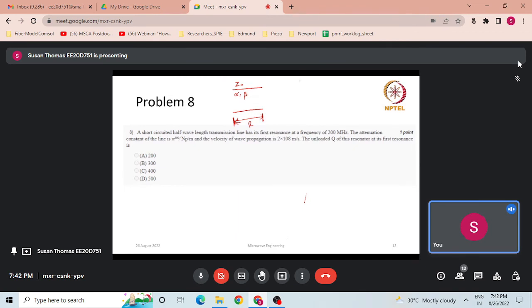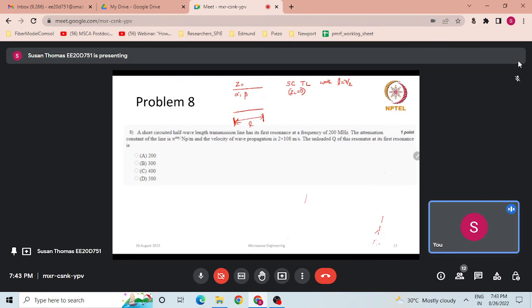Say you have a short circuited transmission line. Whenever I say short circuited transmission line, that means the load ZL is equal to 0, and the length of the transmission line is taken as lambda by 2.